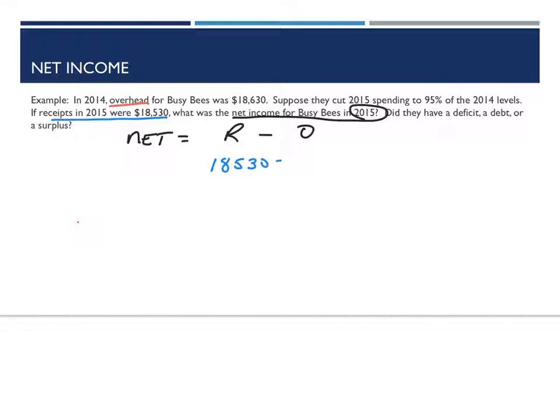Nowhere do they tell us what the expenses were in 2015, but they say they want 2015 to be 95% of what it was in 2014.